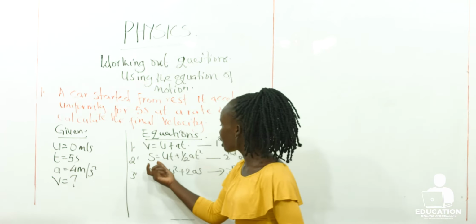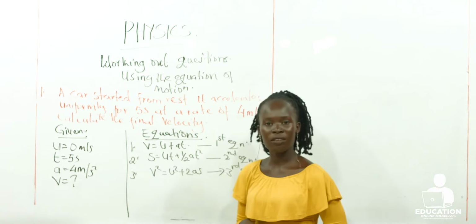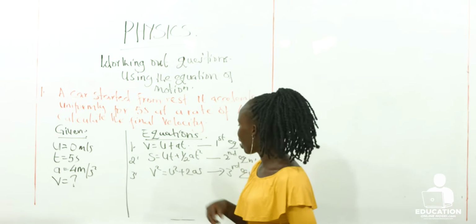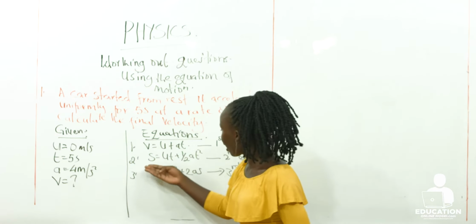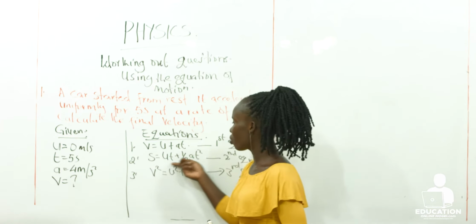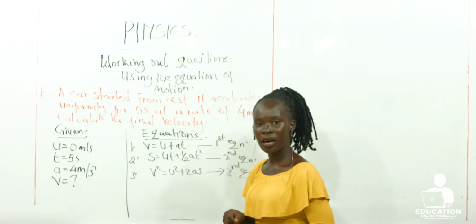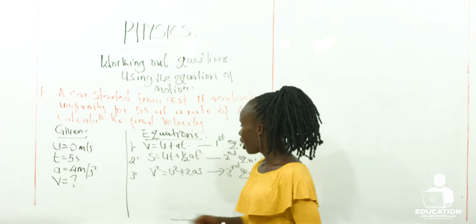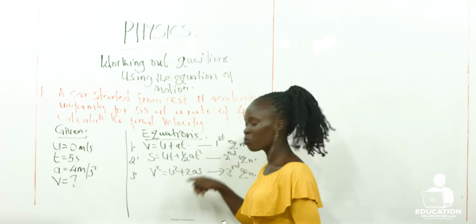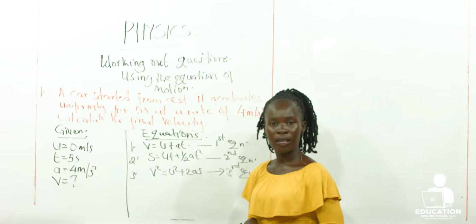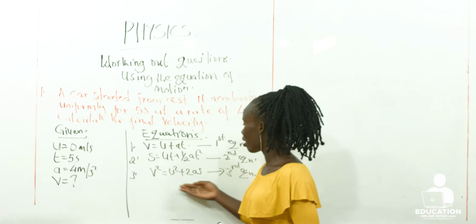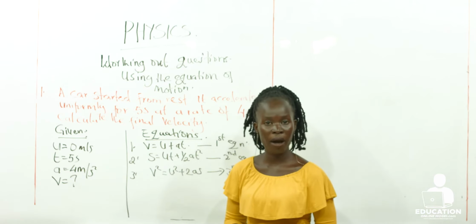But do you have s, which is the distance covered or the displacement? If you have all this but you don't have s, that means this equation is not appropriate for working out the question. If you come to the third equation, you'll still see that there is a factor of displacement, s. But in our question we do not have s. So the third equation becomes inappropriate for our question.